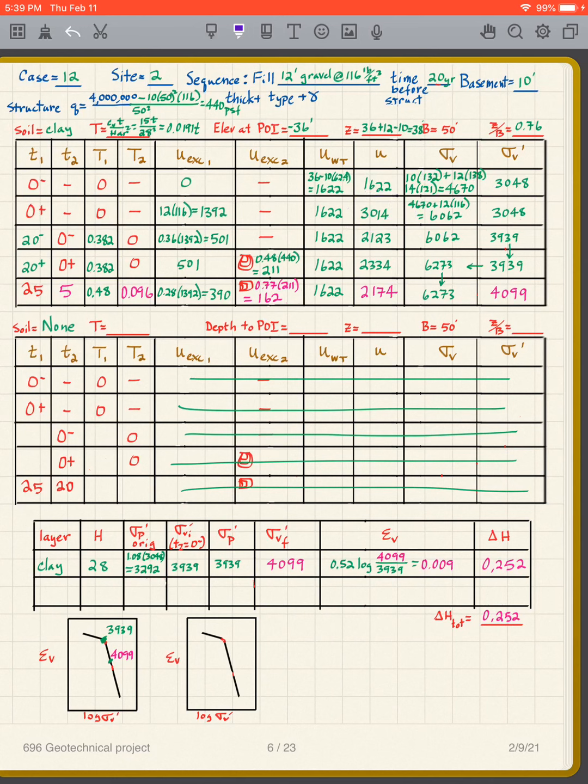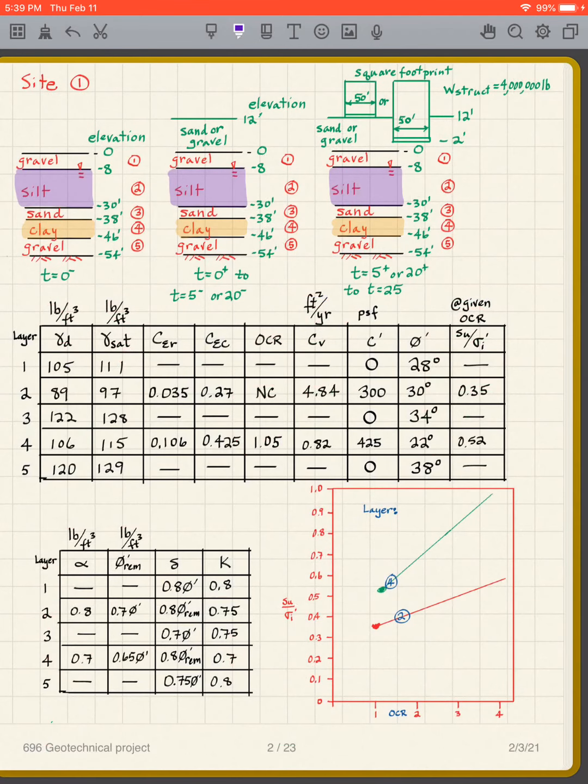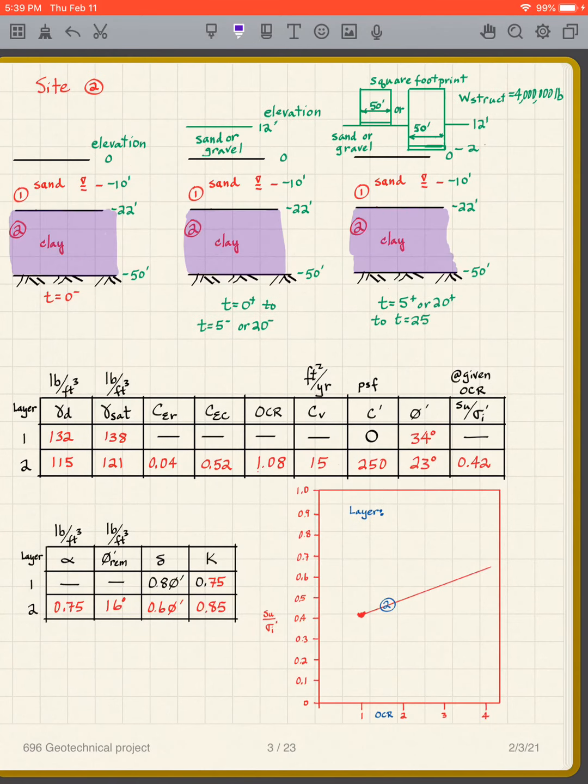And then this sigma V and this sigma V are the same, because the picture is the same. In other words, the 0 plus and 20 minus are the same picture. How do we know that? If I look back at this, there is 0 plus and 20 minus.